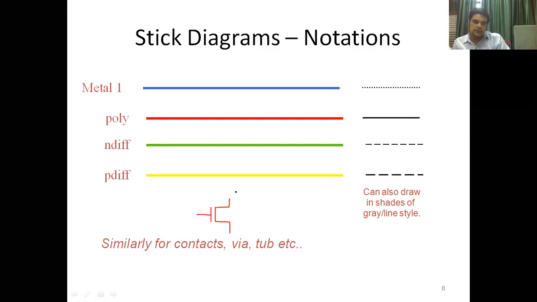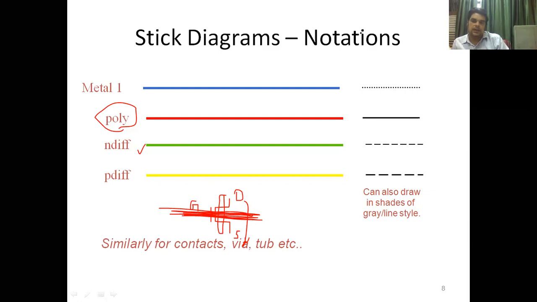Now this is the drain terminal, this is source terminal, and this is gate terminal. Okay. Gate is basically a polysilicon gate, so a gate is represented by a red color line. This gate is represented by the polysilicon stick lines. Now the diffusion channel here from drain to source or source to drain is represented by green line in case of NMOS and yellow line in case of PMOS. Okay.